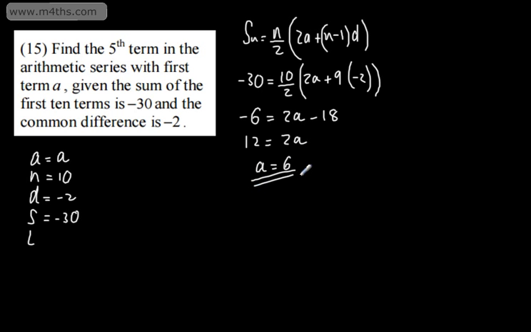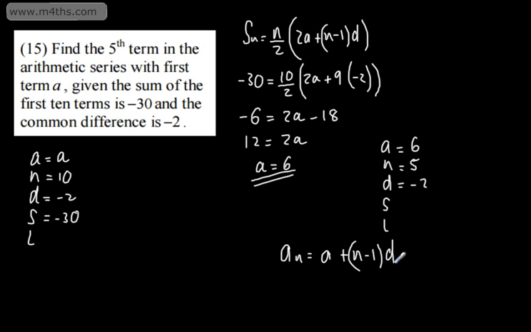So I've solved for a, the first term. Let's now collect the information: a, n, d, s and l. Well, a is 6. We want the fifth term, so n is 5. The common difference is negative 2. All we need to use is a sub n equals a plus (n minus 1)d, as we saw before.